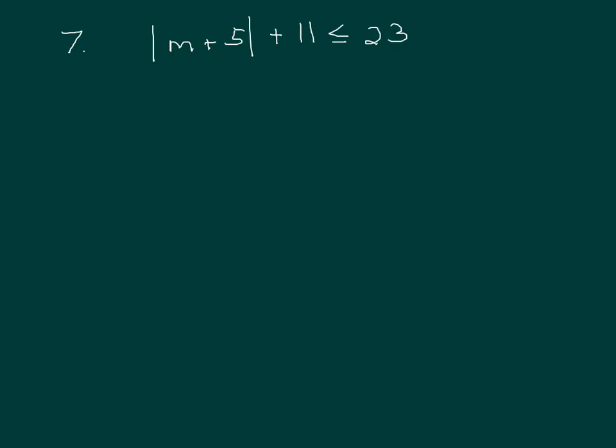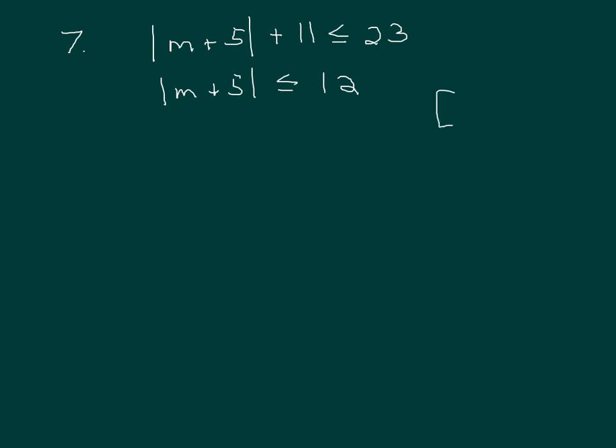Here's another problem where you have a less than or equal to, so when you isolate your absolute value by subtracting 11 from both sides, you're going to have a distance is less than or equal to 12. So whatever m plus 5 is, that distance is going to be less than or equal to 12.